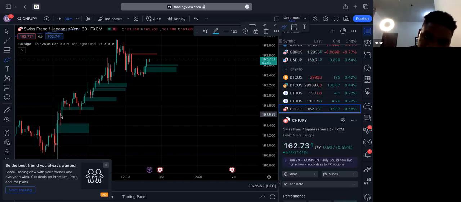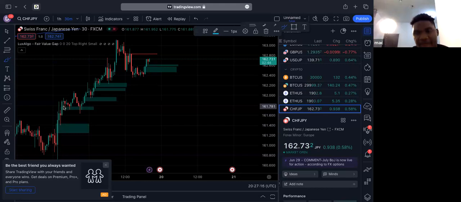There is 1 candle. There are 2 candles. There is the 3rd candle. This is where the first candle touched last. This is where the 3rd candle touched last. The gap that exists between this candle and the 3rd candle is the fair value gap. Did you understand?